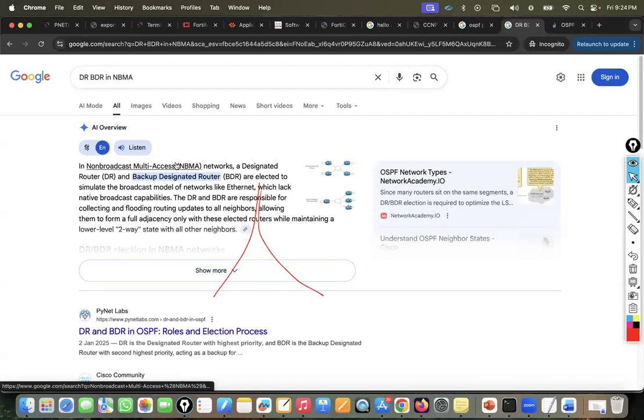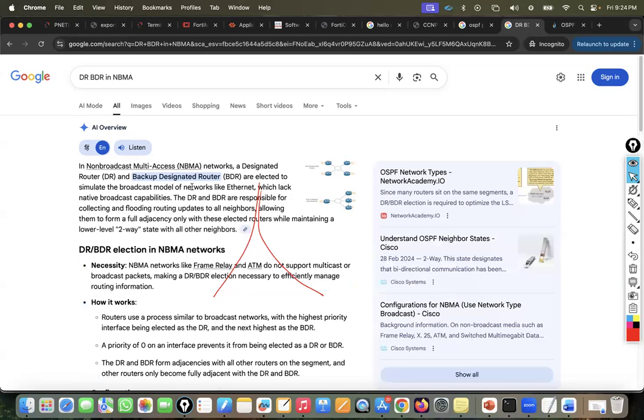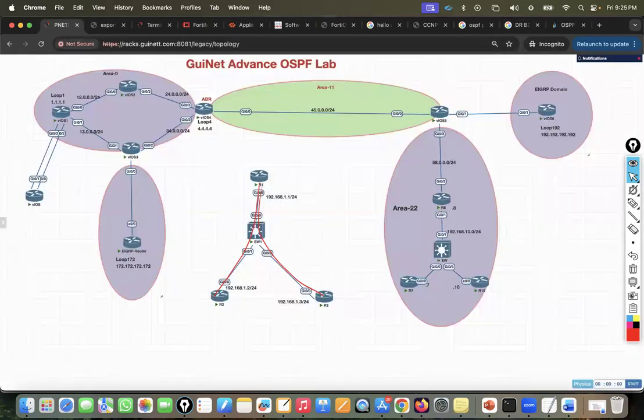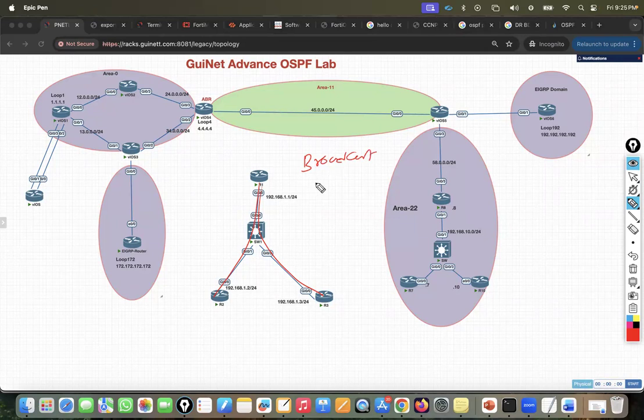See, in a non-broadcast multi-access network, the designated router and backup are elected similar to the broadcast model, based on the priority and so on. So now, if we have the NBMA network, very much clear. Let me write here. If we have a broadcast or NBMA network, we require the DR and BDR.